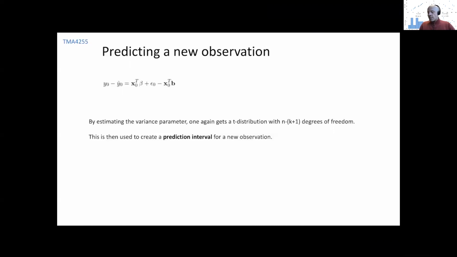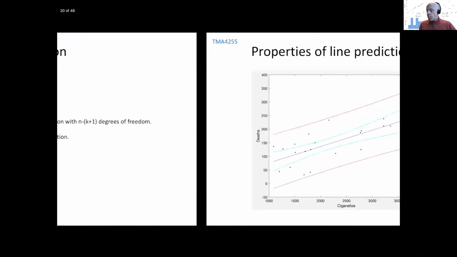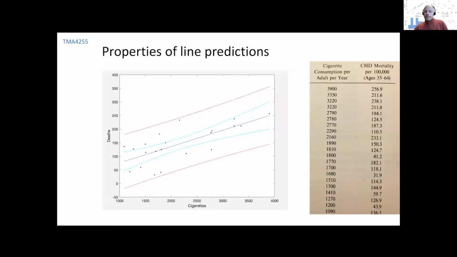So this expression can also be used to come up with what's called a prediction interval, which is slightly wider than the confidence interval. Sometimes it's significantly wider, and that depends on sigma compared with the X transpose X matrix. Because what's added going from the cyan confidence interval to the red prediction interval is a sigma term.